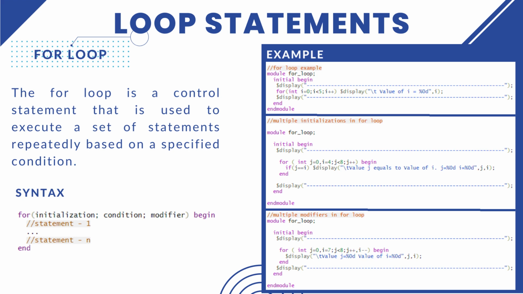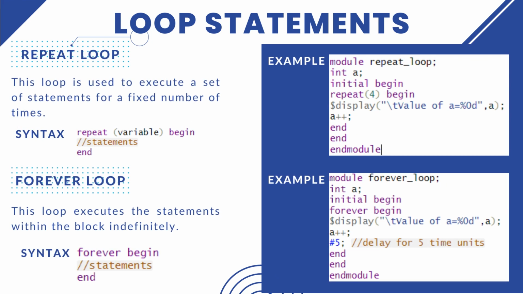The simulator output shows that the loop has executed successfully and printed the values of j and I in each iteration. Now we will take a look at repeat and forever loop.